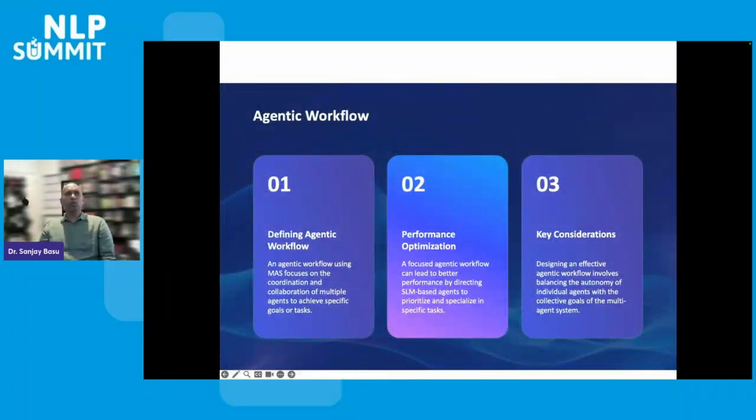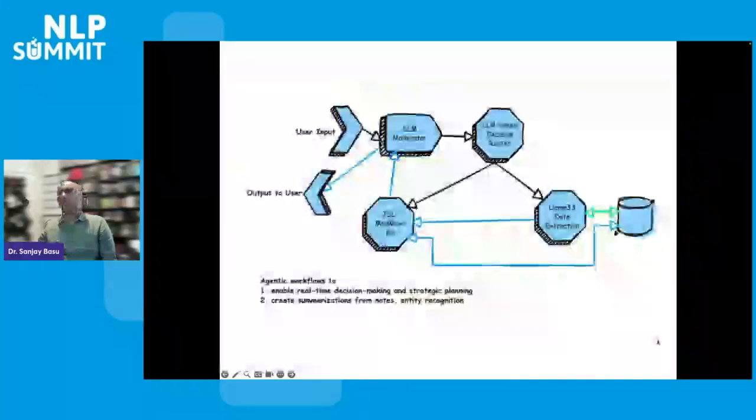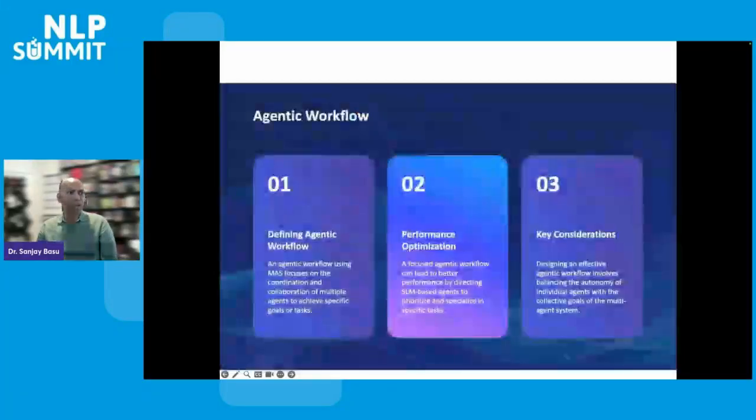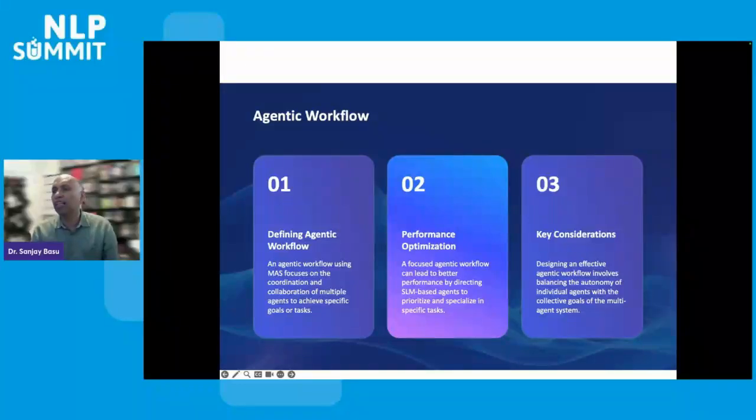So what is an agentic workflow? The first step is to define it. This workflow using MAS focuses on coordination and collaboration of multiple agents to achieve specific goals or tasks. Then we optimize the performance.